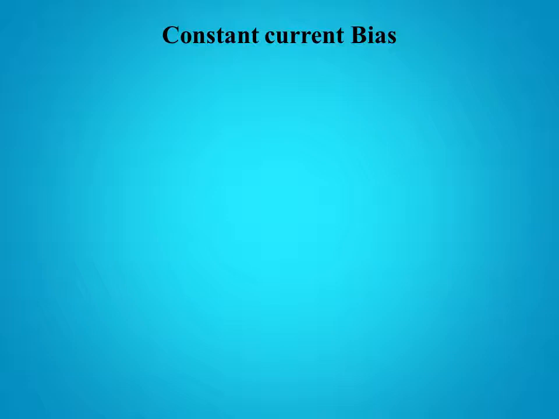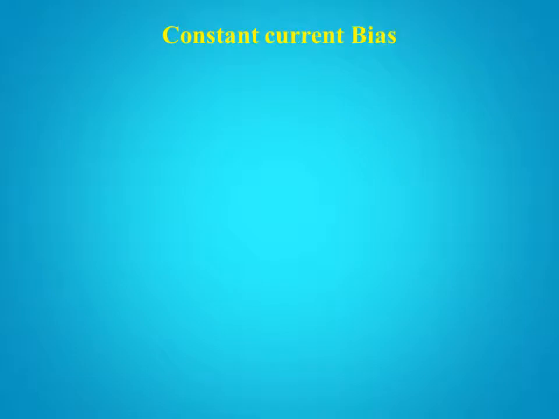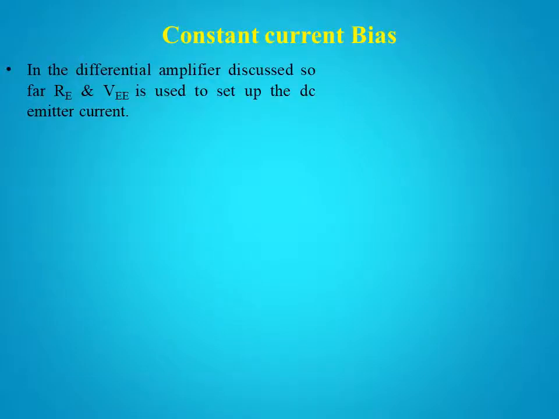First of all, what is biasing? You should know what is biasing. This is a question to be asked. So please go through your books and we'll discuss further what is biasing. Generally, biasing means we are applying DC voltage to the circuit so that it can operate.